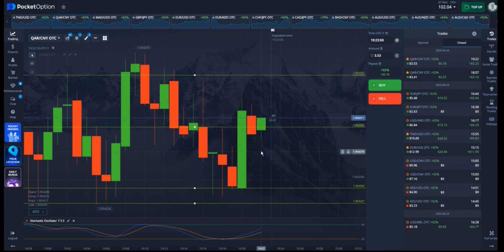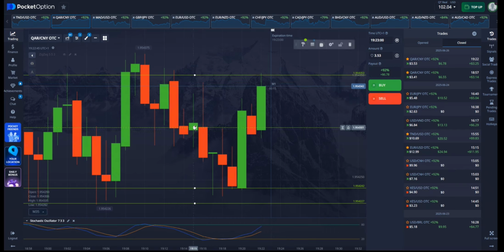So I took this trade because this was a strong buyers' presence, but because it was too close to my resistance point, I did not want to enter the trade. So I waited for it to get to this wick, and when I saw it came down, I chose to take a buy.